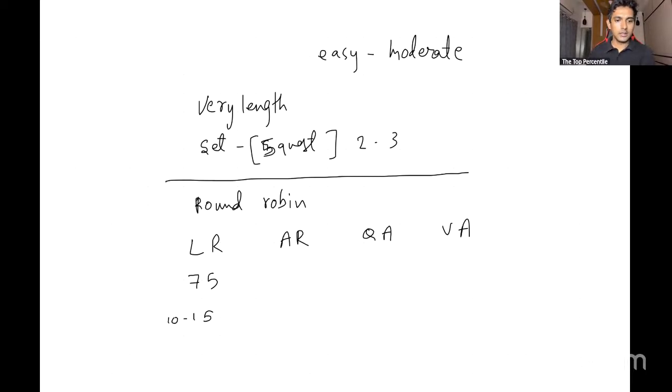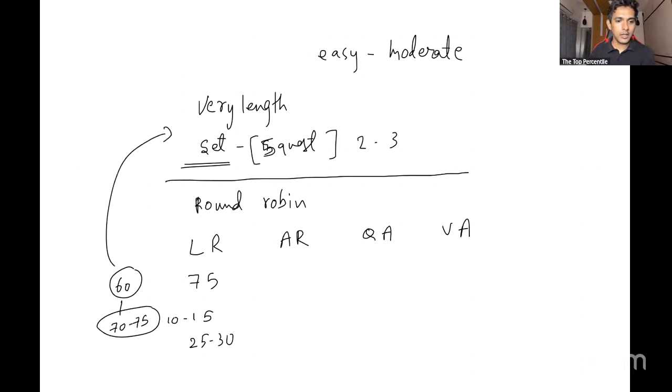In this case, there were more than this. There were maybe around 25 to 30 questions that were lengthy, similar to sets like this. So even students who were spending around 60 minutes now spent around 70 to 75 minutes in LR because it was lengthy. How to tackle it is that you try to solve all the easy questions first.